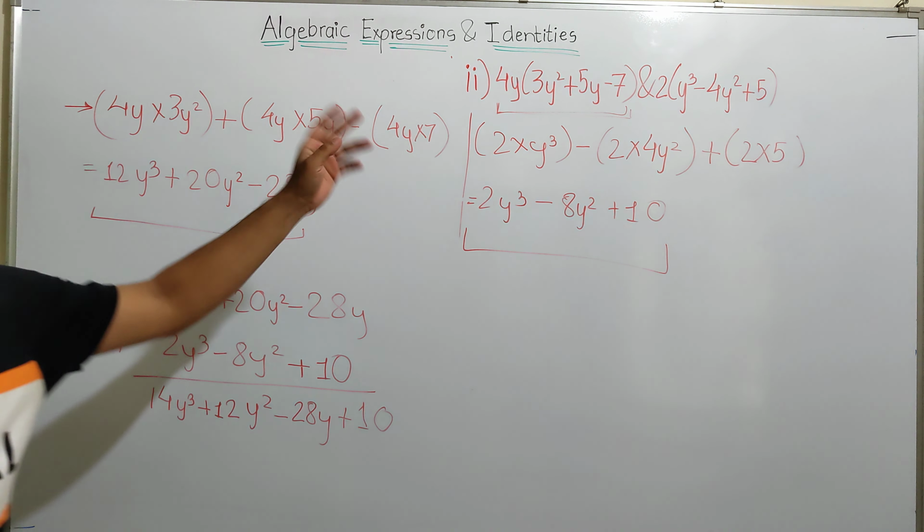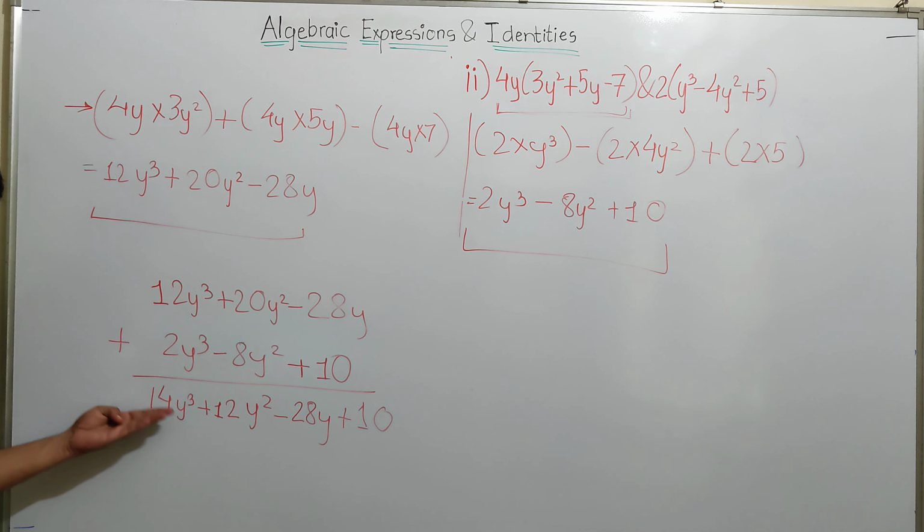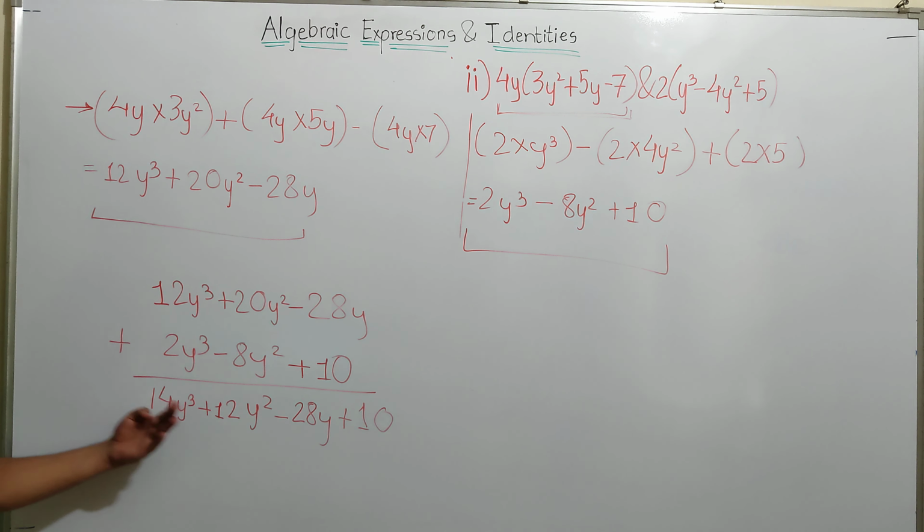Now the second expression, see here, what they have told in the second expression itself, 2y cube minus 8y square plus 10. Now see, adding these two expressions, what is exactly the answer, 14y cube plus 12y square minus 28y plus 10, right?